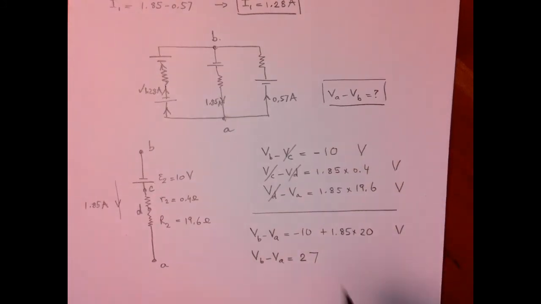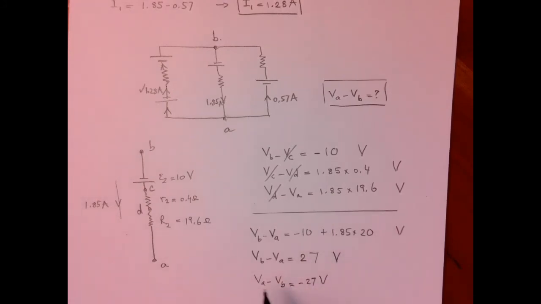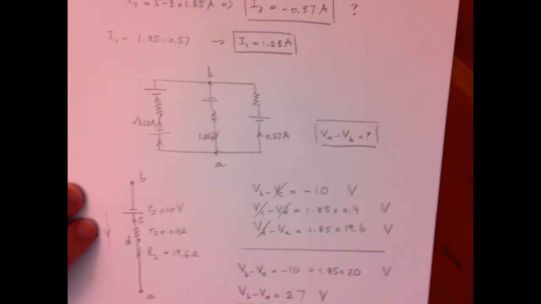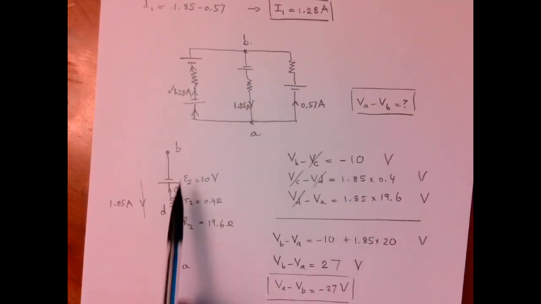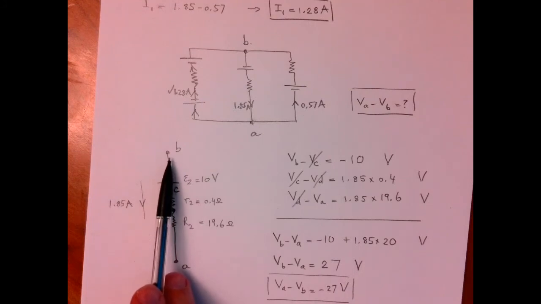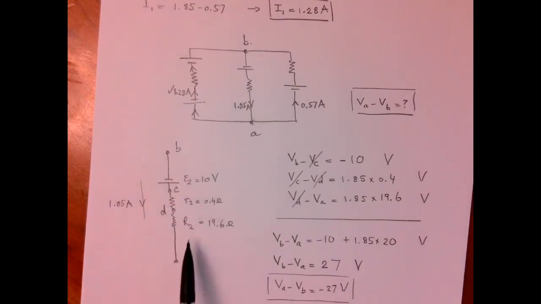Or because they asked for VA minus VB, VA minus VB is negative 27 volts. So please take a moment to see what we did here. They're asking for the potential difference between the two points.